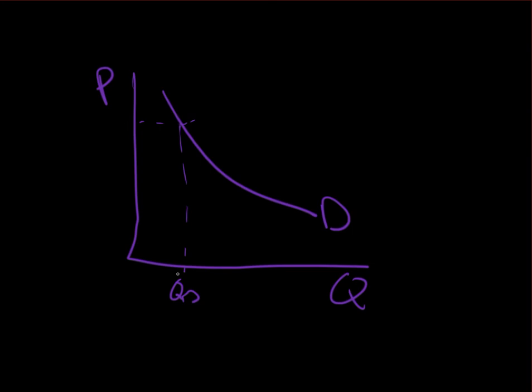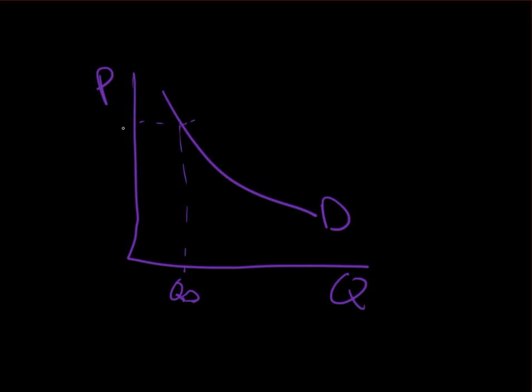Based on a certain price, this is the total quantity demanded for the market. But this is based on assuming different things are constant, such as a certain income level, a certain price for related goods, tastes, and so on and so forth. And this represents the relationship.